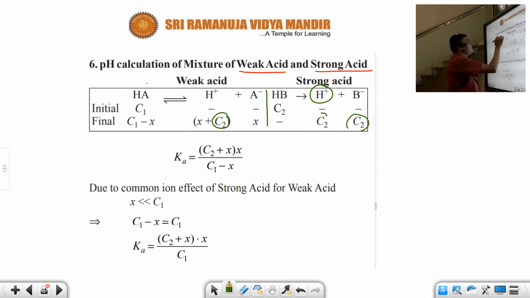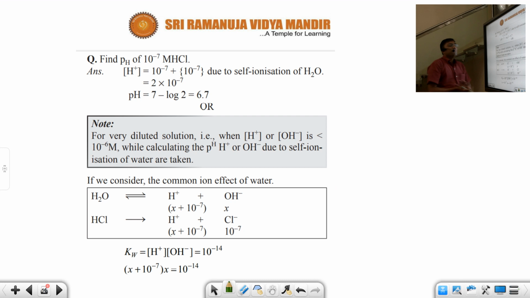Because of the common ion effect, the HA dissociation is suppressed. Suppressed means this X is negligible. This X is negligible means you have to consider only C2. That means C2 plus X is equal to C2. I hope you are very clear. So this is how you can solve the question if a weak acid and a strong acid are mixed.